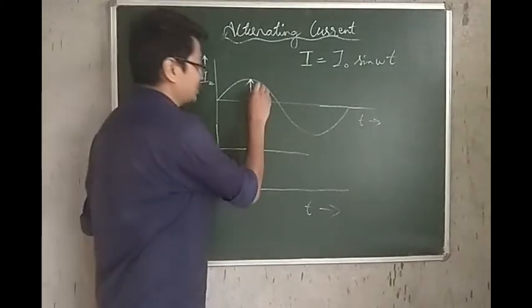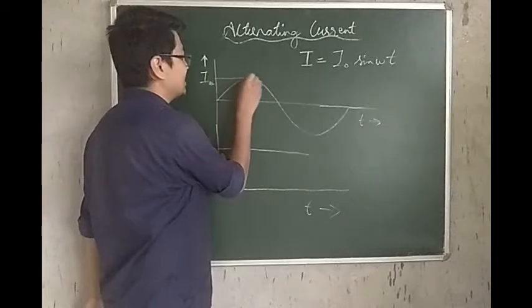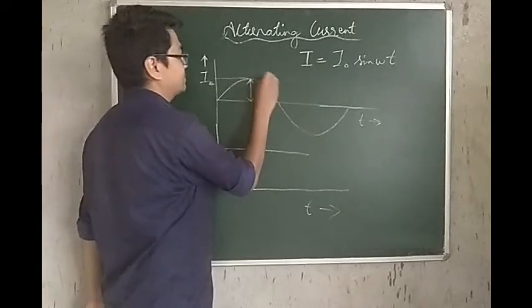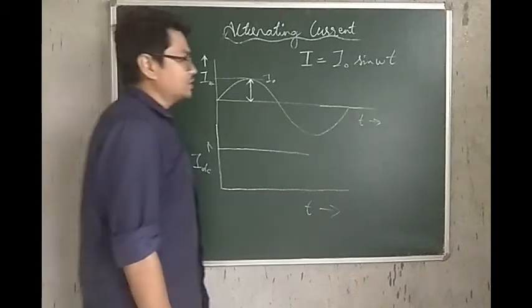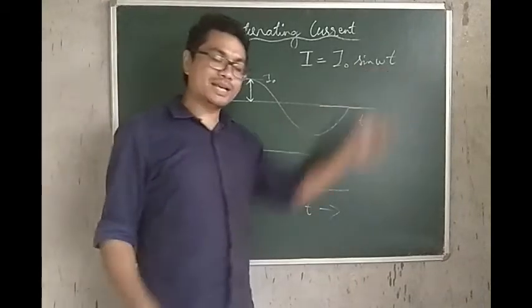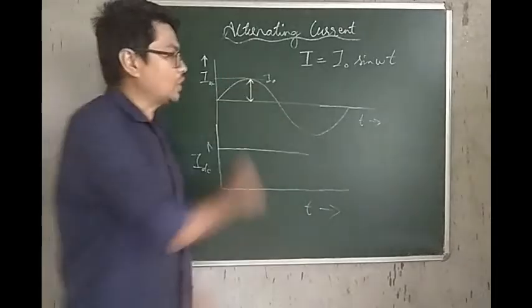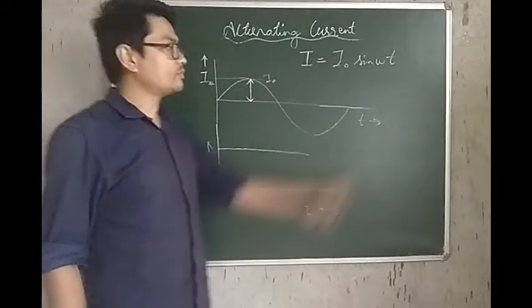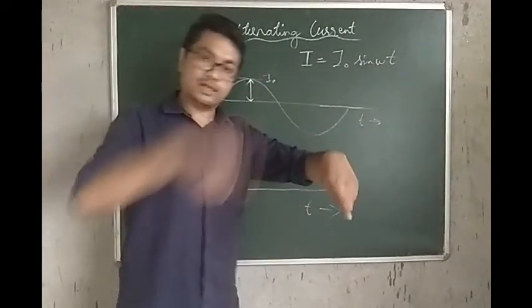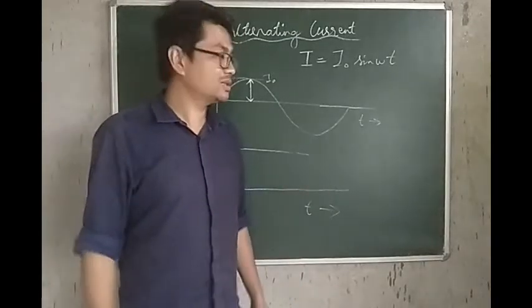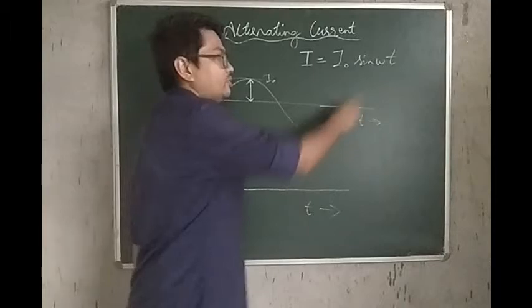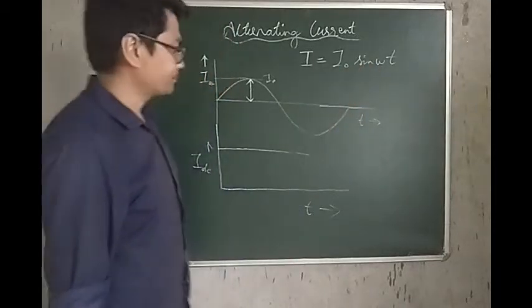This value is I naught, this value is I naught. And what is omega? Omega is the angular frequency of the wave. If we had a rotating object, it will have an angular velocity. In case of a wave, we call it angular frequency.